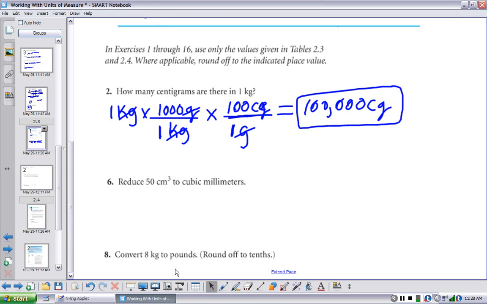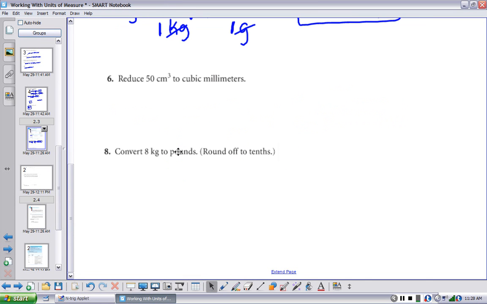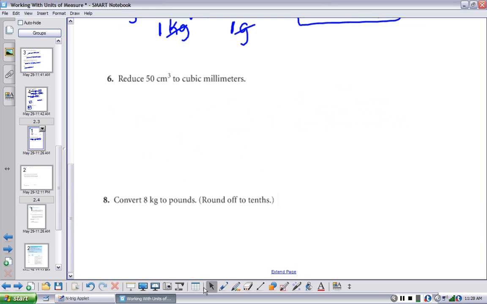The next question, they want us to reduce 50 cubic centimeters to cubic millimeters. 50 cubic centimeters to cubic millimeters. Now, we need to go from centimeters to millimeters.